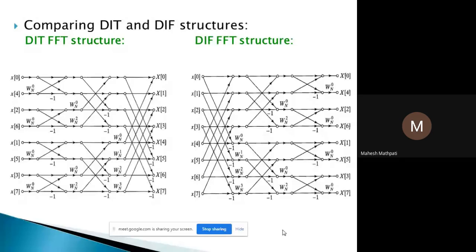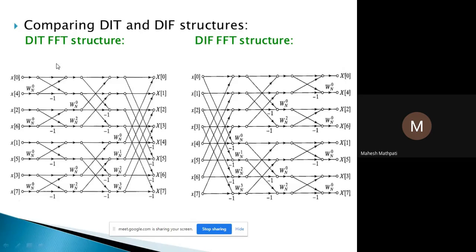In the DIT structure, if you look at this, it is a decimation in time, 2, 4, 8 point. The inputs are in bit reversal order, the multipliers are at the input side, and the output is in natural order.